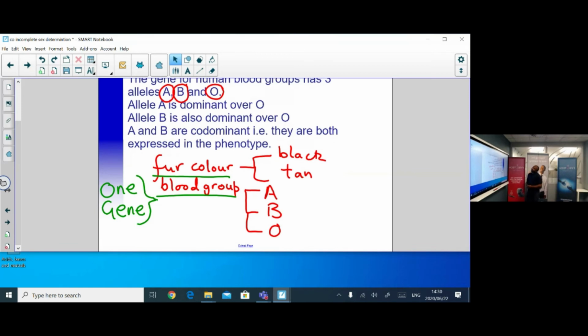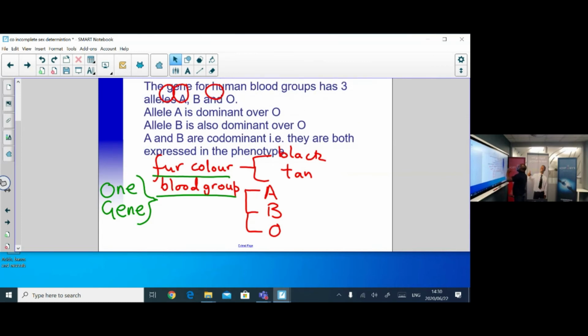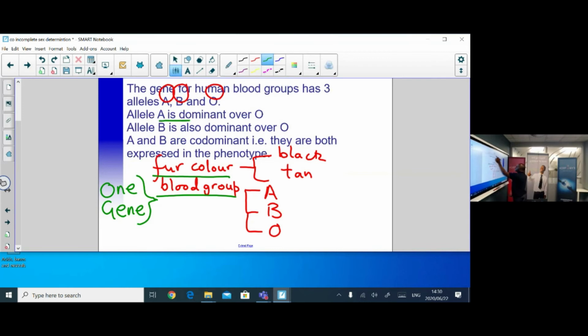So let's look at them. On all of these three, A is dominant over O. B is dominant over O. So O is dominated by either A or B. But A and B are codominant.